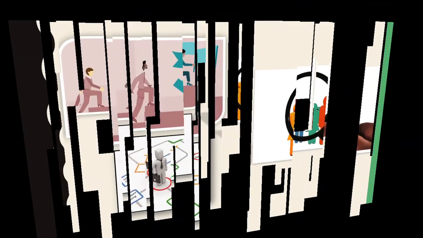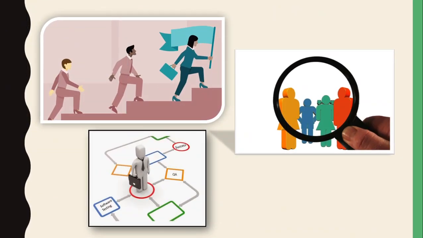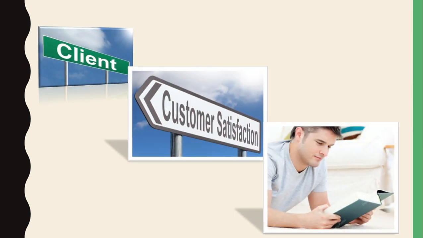In this video, we will talk about a process that concerns the leadership and commitment of a company to its customers, that is, the customer approach. For this, we must be clear about the following concepts. Client: organization or person receiving a product or service.